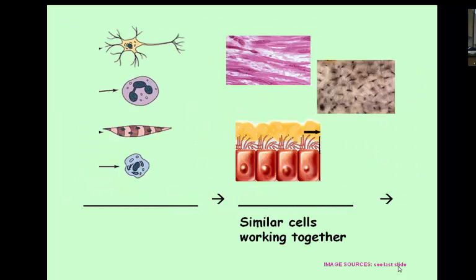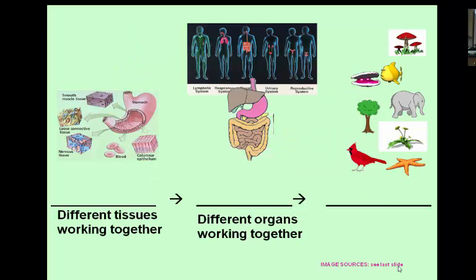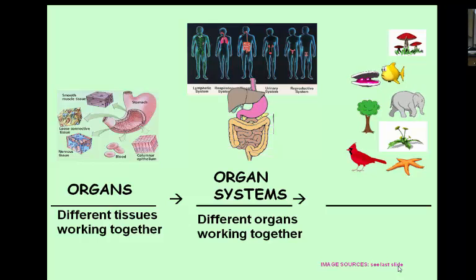Organelles make up cells. Cells then make up similar cells that work together, which are tissues. Different tissues make up organs, and different organs make up the organ systems. Finally, our organ systems make up our organisms. So that's actually the first level that we start talking about when we start discussing ecology.